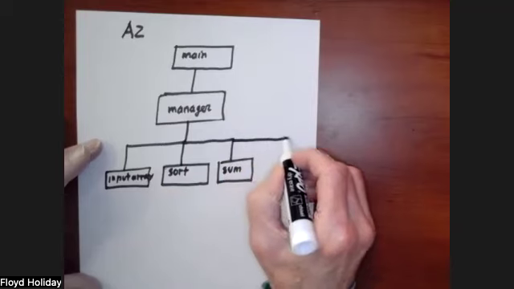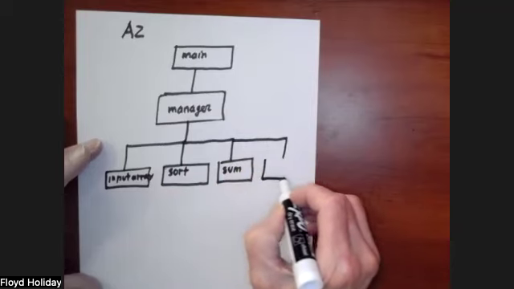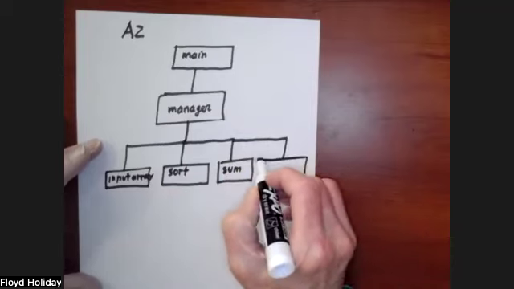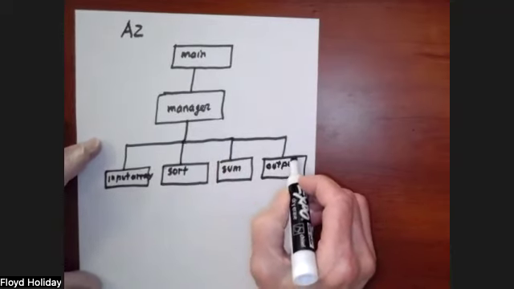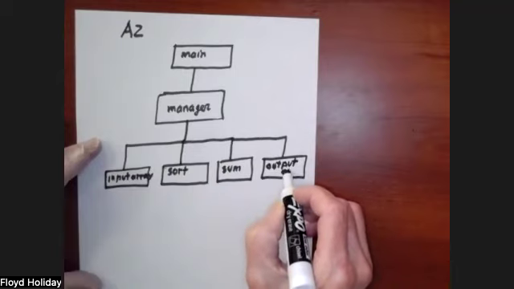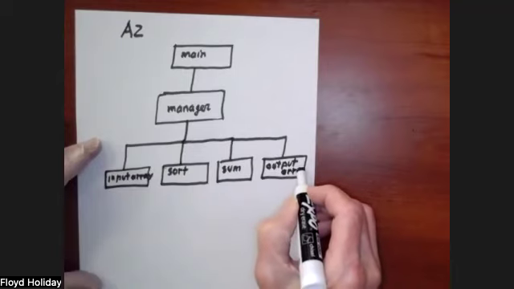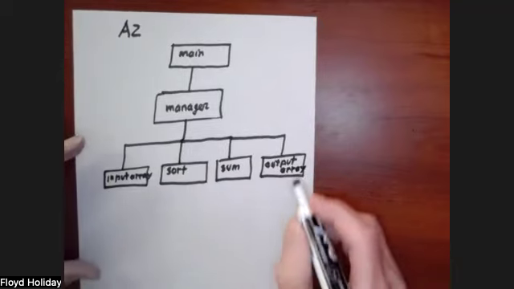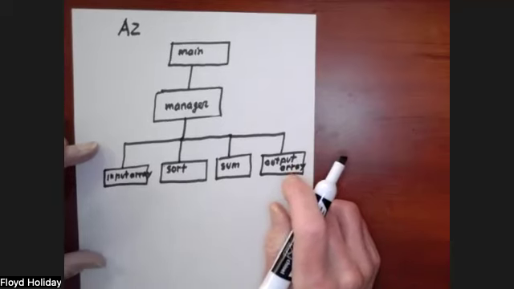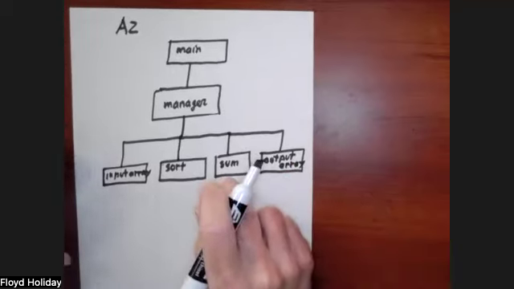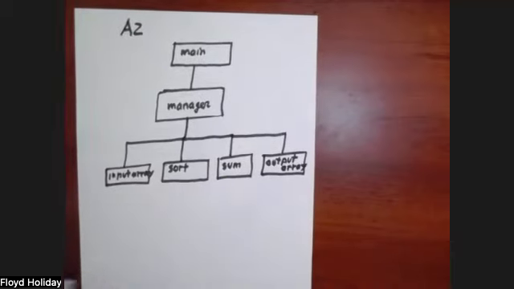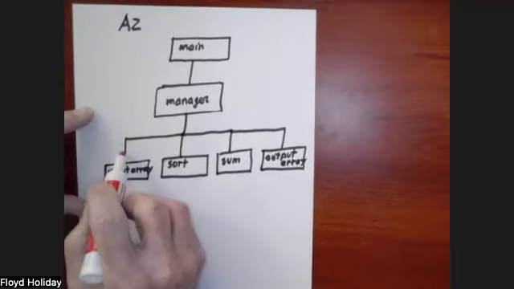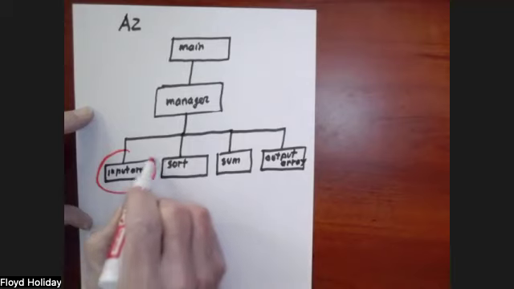And at another point in time, it calls output array. My marker is new and it gets too much ink out at one time. Output array and the sum of numbers in the array and the sort of the array and the input array. So right here on this Monday, you saw all about this one.